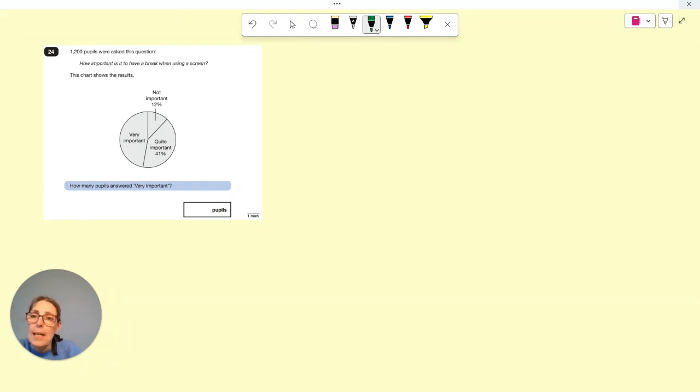How important is it to have a break when using a screen? This chart shows the results. So 12% say not important, 41% say quite important. Some pupils say very important. How many pupils answered very important?